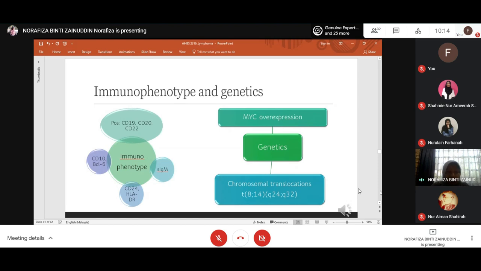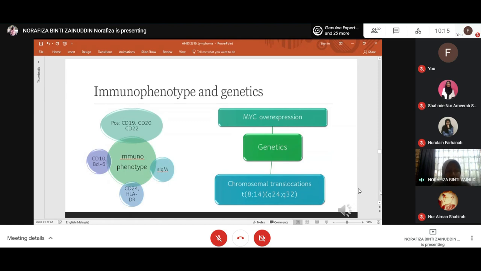Okay, for genetics, Burkitt's lymphoma is characterized by high levels of MYC overexpression, due to chromosomal translocations and also mutations of the MYC gene.